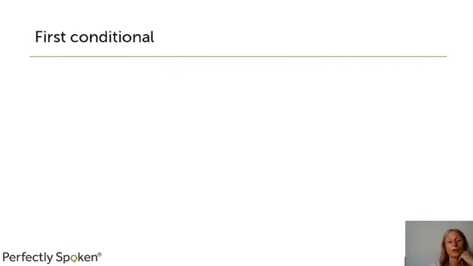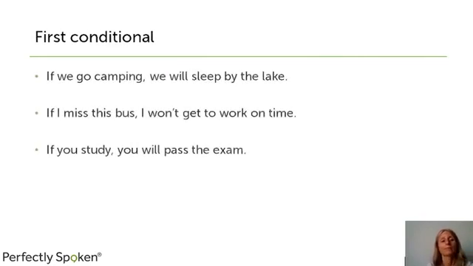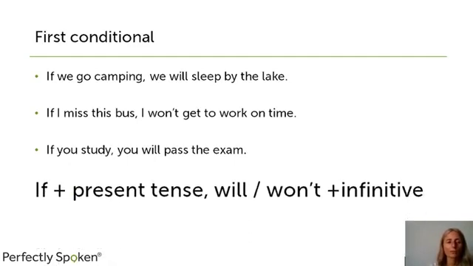These are examples of the first conditional. If we go camping, we will sleep by the lake. If I miss this bus, I won't get to work on time. If you study, you will pass the exam. So for the first conditional, we have if, present tense, comma, will, won't, and the infinitive.